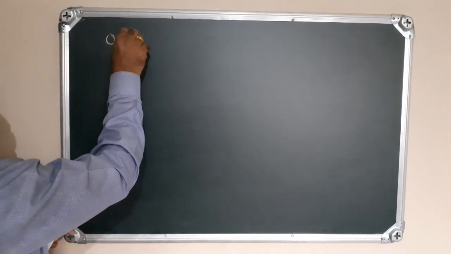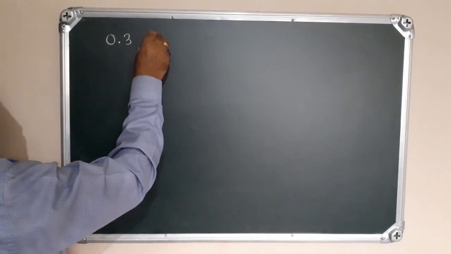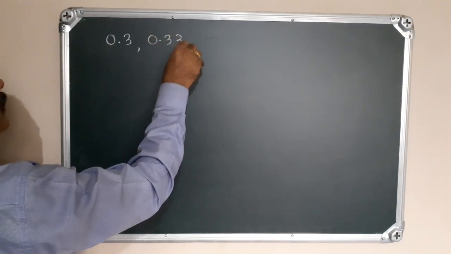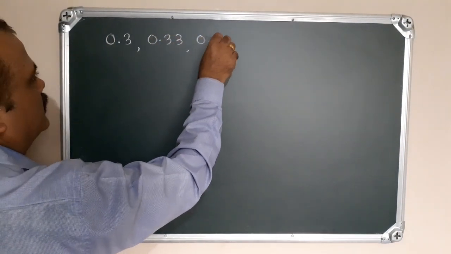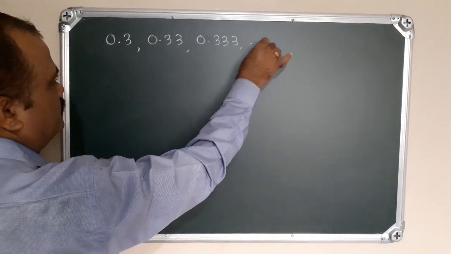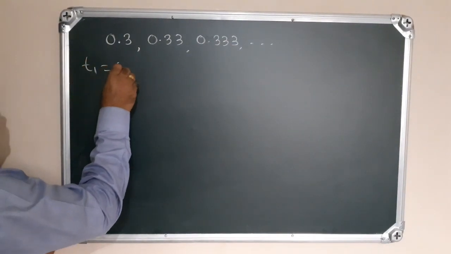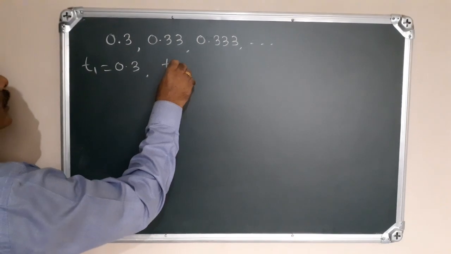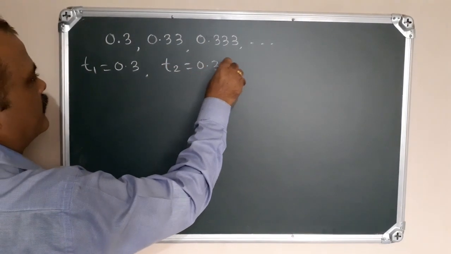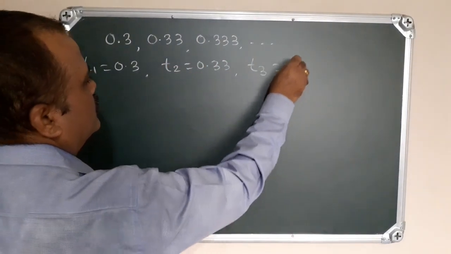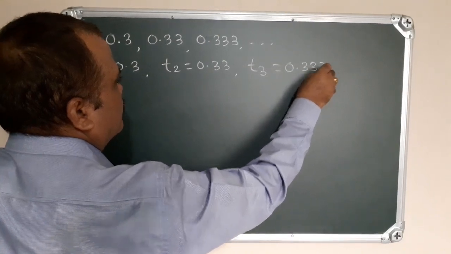So another example is there: 0.3, comma, 0.33, comma, 0.333, and so on. Now see here, T1 is equal to 0.3, T2 is equal to 0.33, and T3 is equal to 0.333.